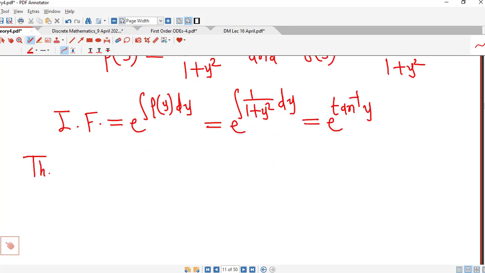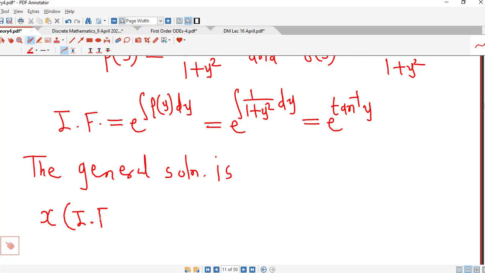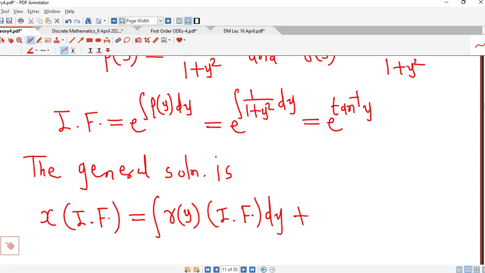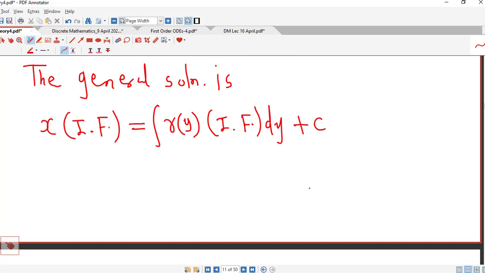And now we write down the general solution. The general solution is, instead of y, we write x into integrating factor equal to R(y) into integrating factor, integral with respect to y, plus c.